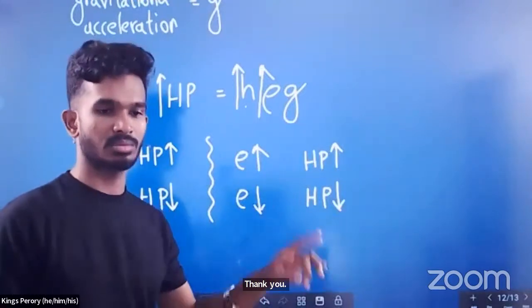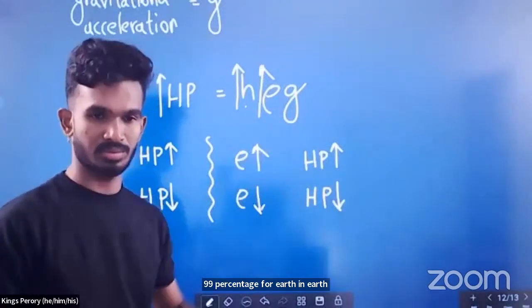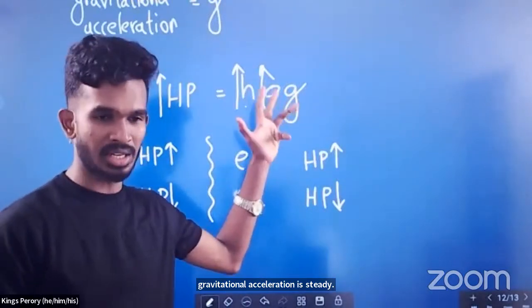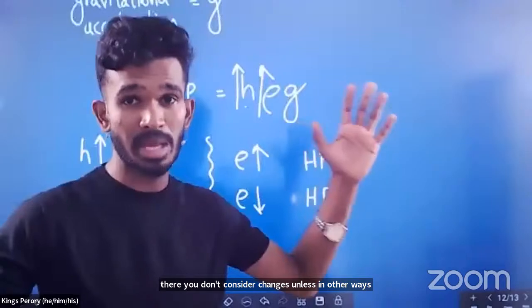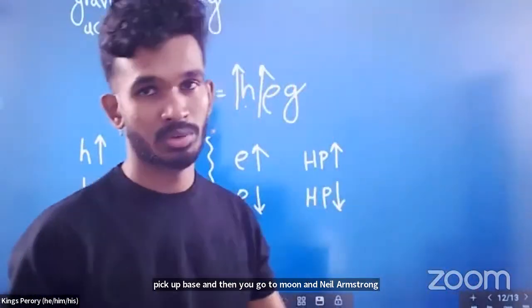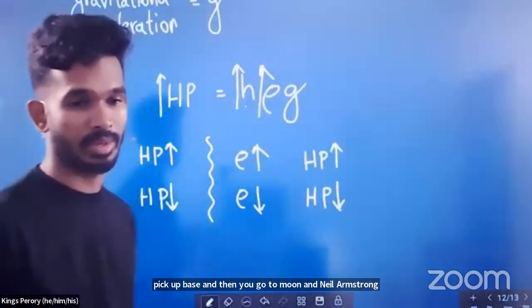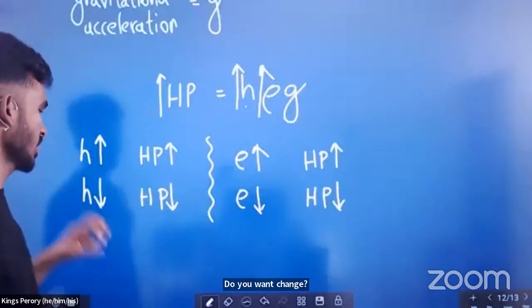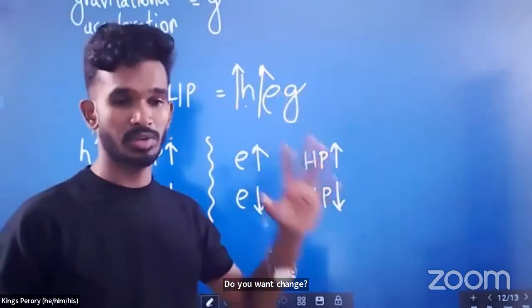On Earth, gravitational acceleration is 10, so there you don't consider changes, unless they take a base and you go to the moon, and Neil Armstrong is bathing on the moon, then g will change. Otherwise g won't change. So if h changes, HP changes; if rho changes, HP will change.